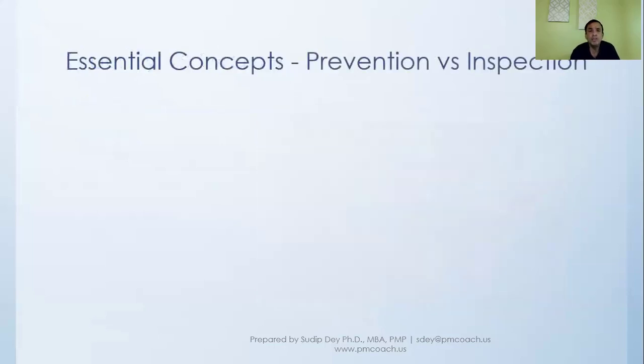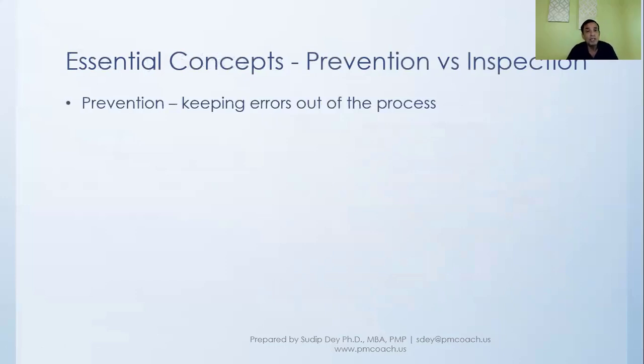Then we need to be clear about prevention versus inspection. Prevention is about keeping errors out of the process. We design the process in such a way that we keep the errors out of the product as we move forward and develop the product.